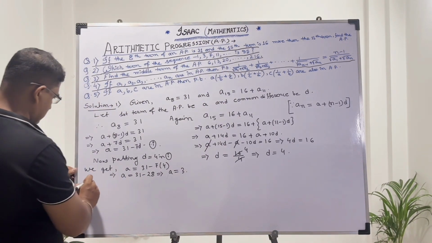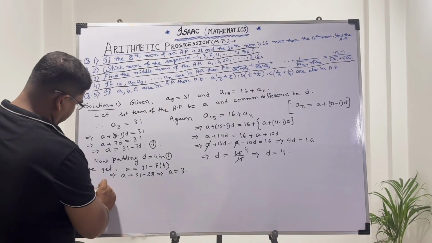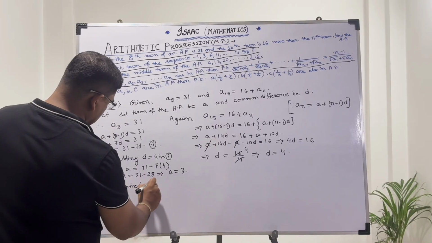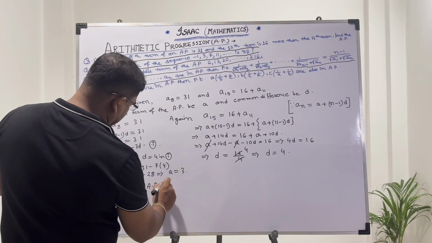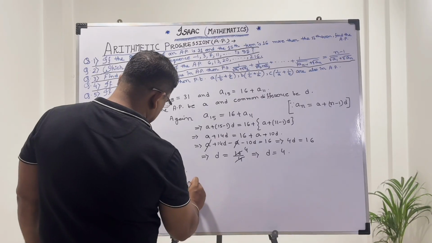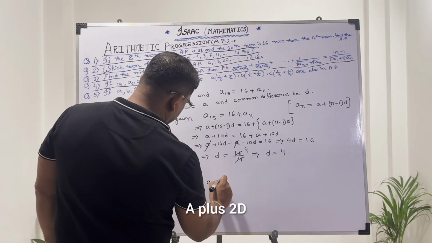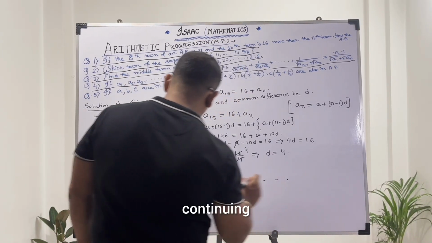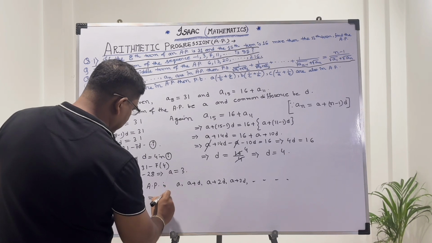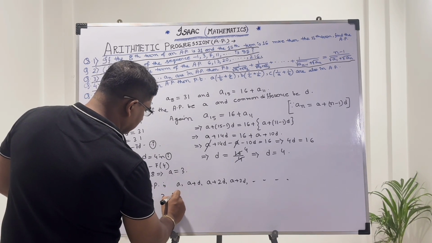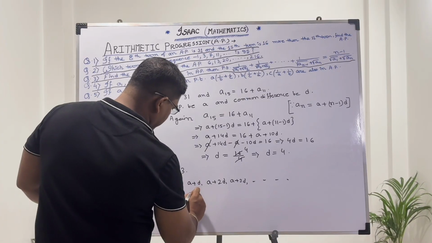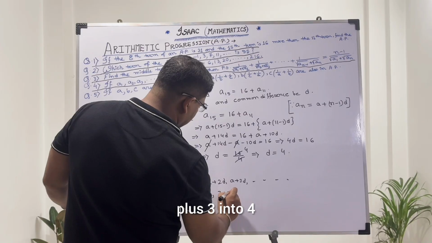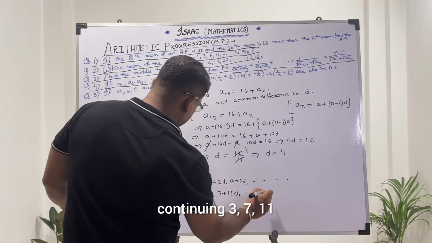So the required AP is A, A plus D, A plus 2D, A plus 3D, continuing, which equals 3, 3 plus 4, 3 plus 2 into 4, 3 plus 3 into 4, continuing.